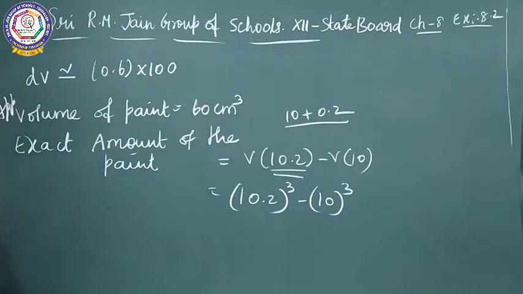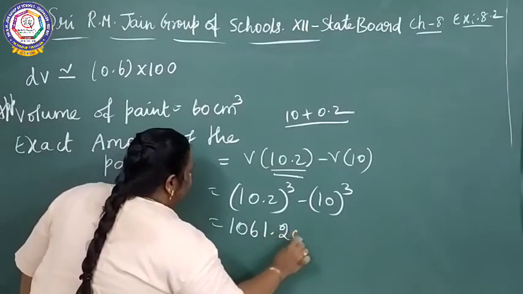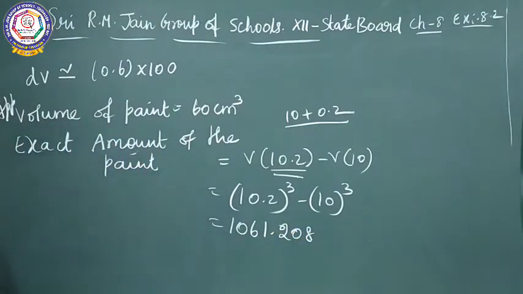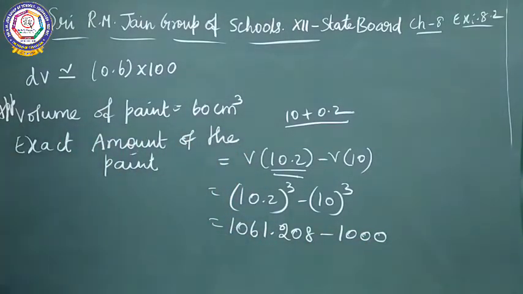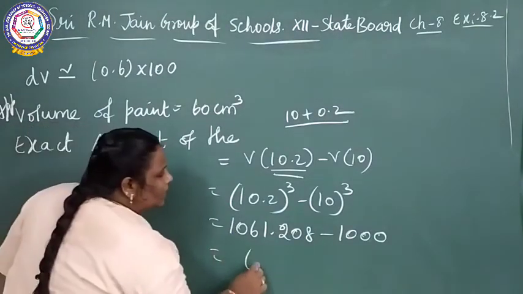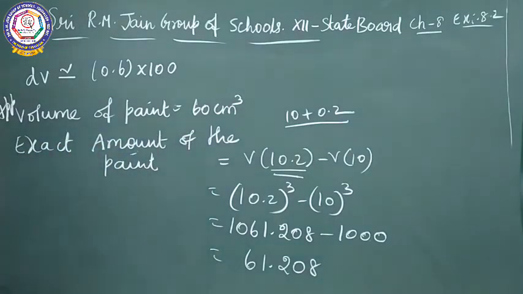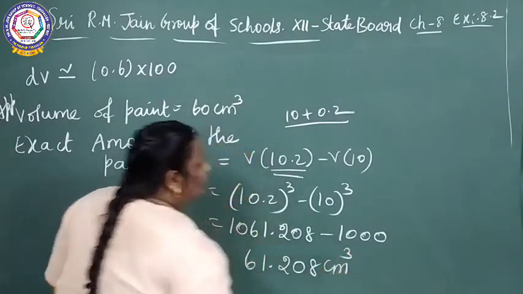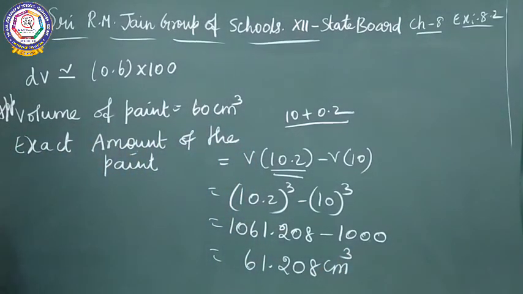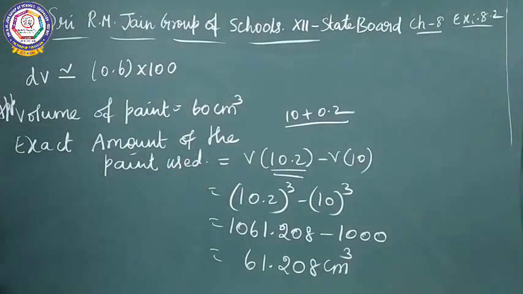If you multiply and check the answer, 1061.208 minus 1000 gives 61.208 centimeter cube. This is the exact amount of paint used.